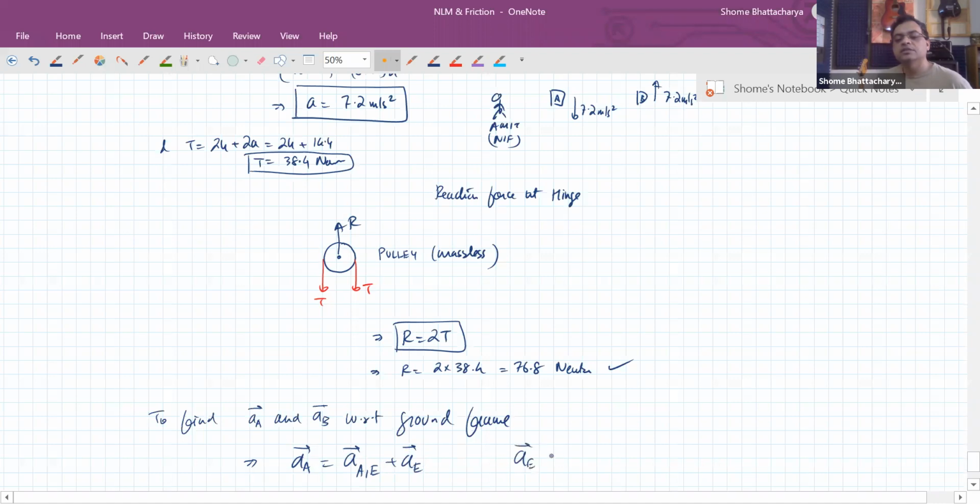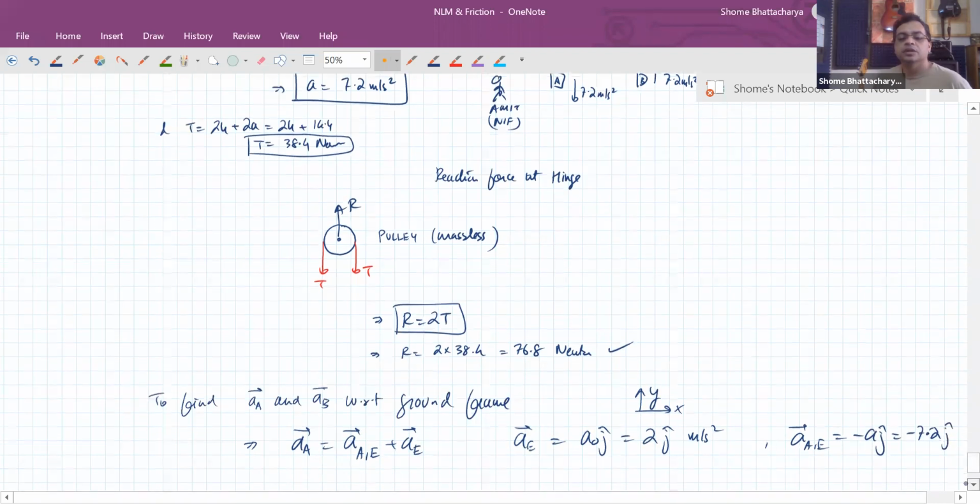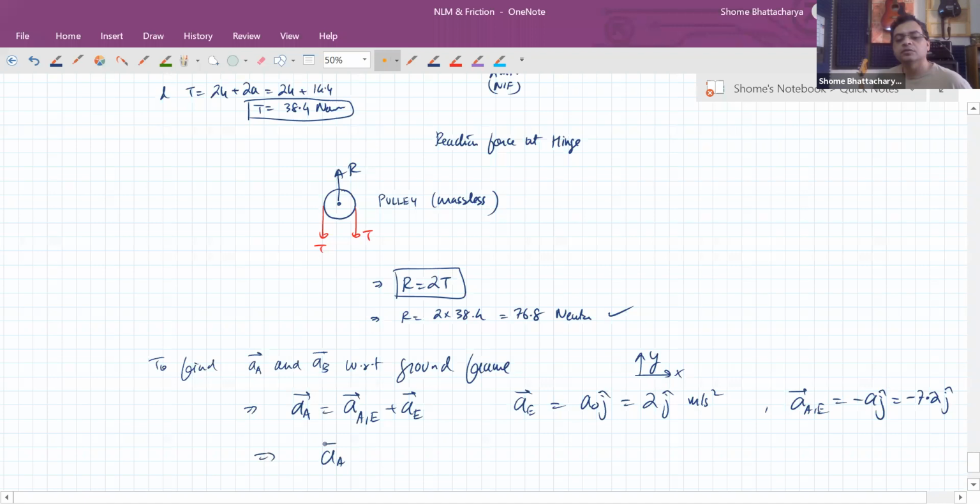So acceleration of the elevator, if we take this as our y-axis, is E naught j cap, that is 2 j cap in meters per second square. And acceleration of A with respect to the elevator is minus a j cap, that is minus 7.2 j cap. So we can see that acceleration of A in the ground frame will become minus of 7.2 plus 2, will be minus of 5.2 j cap in meters per second square.